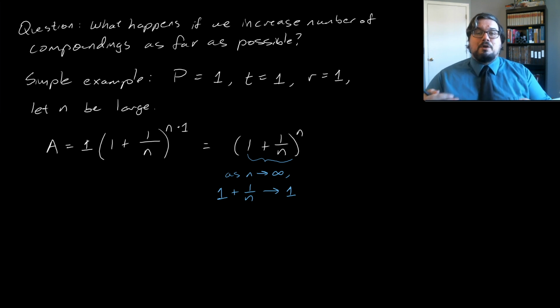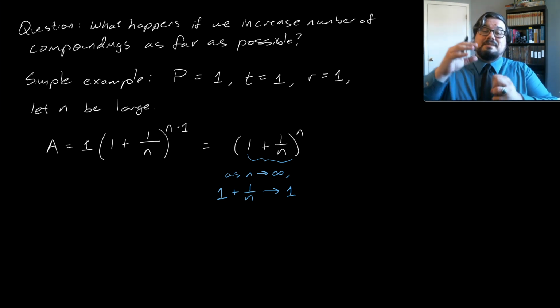The graph of 1 over n has a horizontal asymptote at 0. When n is huge, 1 over n is tiny. And so when n is very, very large, 1 plus 1 over n is very close to just 1. And 1 raised to anything is just 1. And so what that says to us is that the base of this exponential expression is trying to force the whole expression to be small.